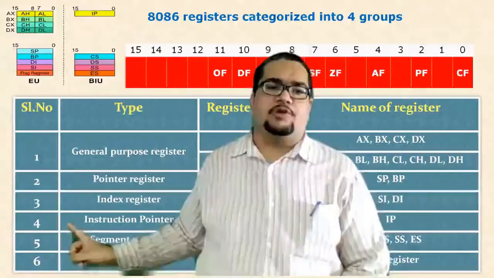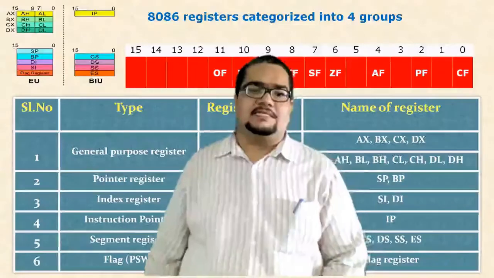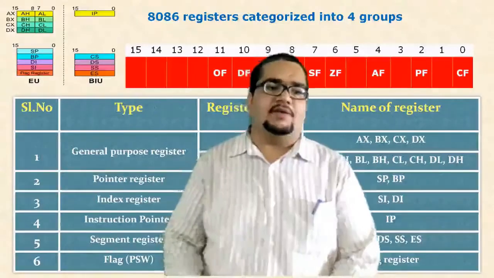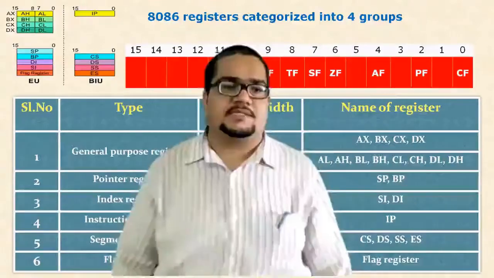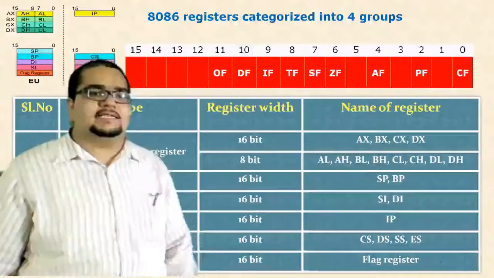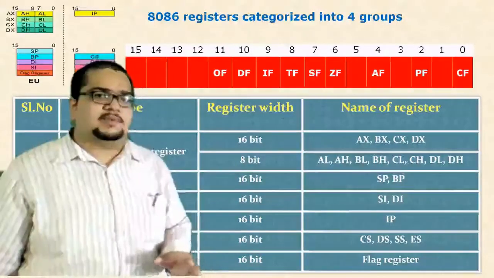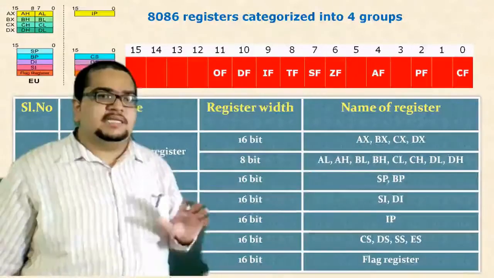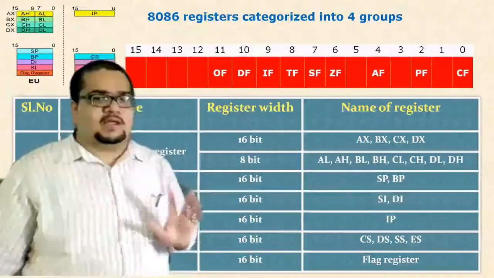Then the instruction pointer, IP. Then 4 segment registers: CS, DS, ES, SS. And finally the flag register, the flag bits. These categories are for ease of understanding: segment registers, general purpose registers, pointer registers, index registers, instruction pointer, and flag.